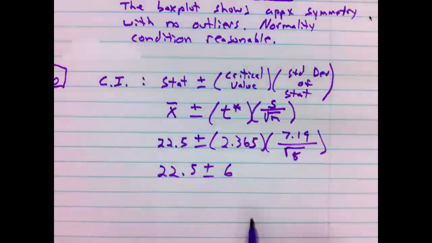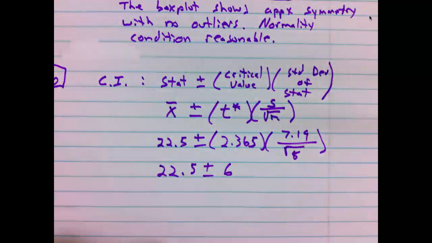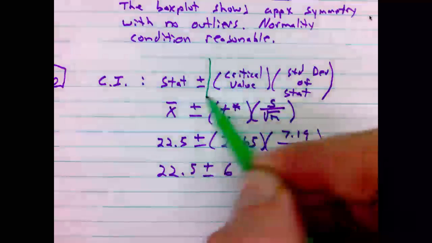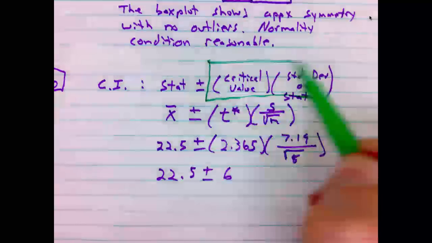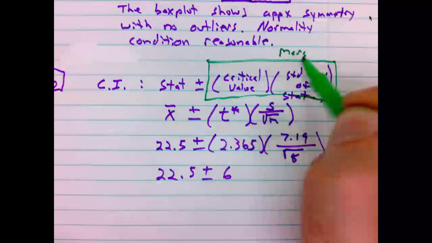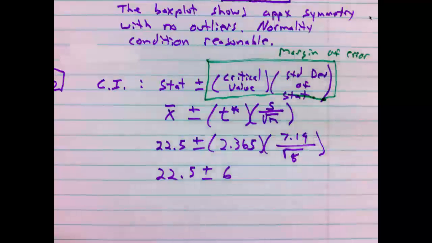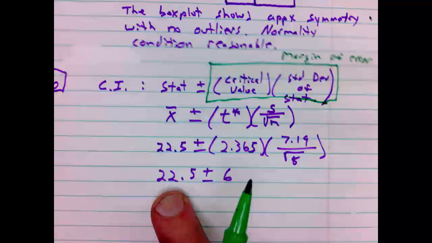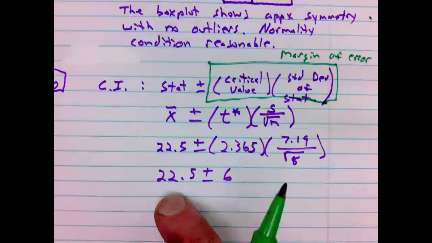All right, this number here, 6, is called the margin of error, and this makes perfect sense. This critical value times the standard error is called the margin of error. It's how much we're willing to miss on both sides of our mean.